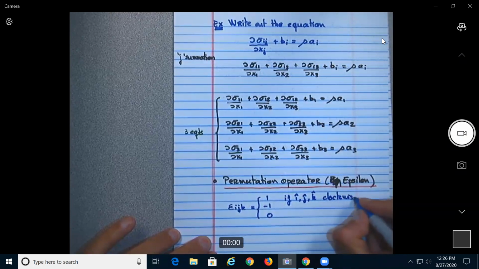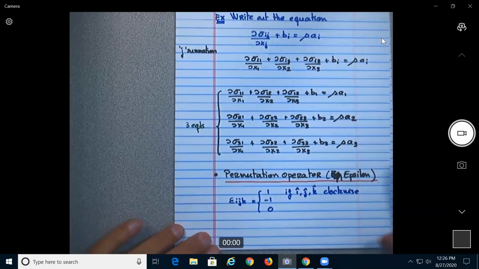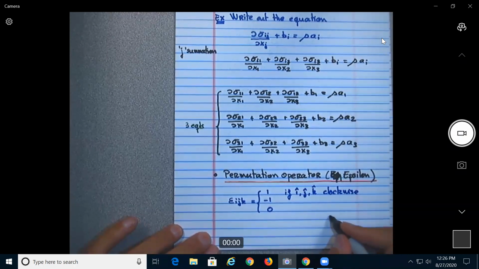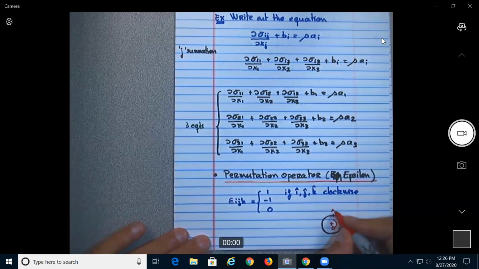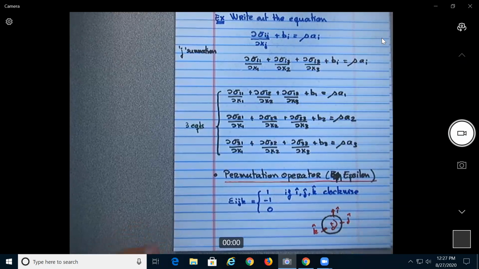are clockwise. So basically, it's the little circle I did the other day. If you put here i, j, k, no? So if it's a clockwise rotation, so what you could have? i, j, k will be 1, j, k, i will be 1, okay?